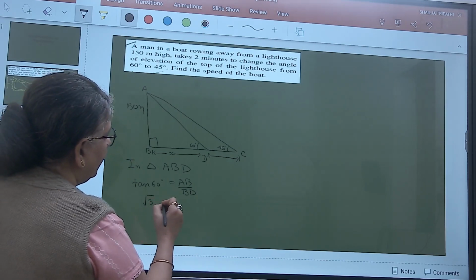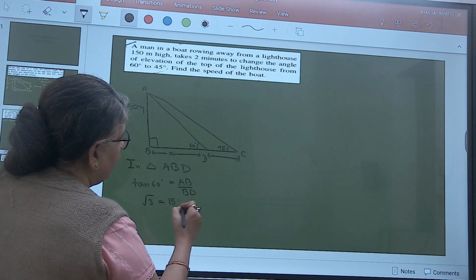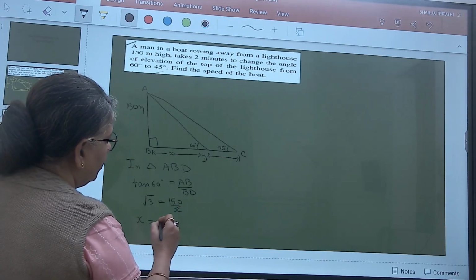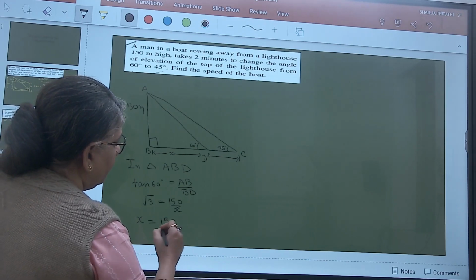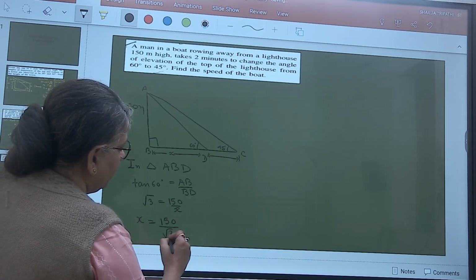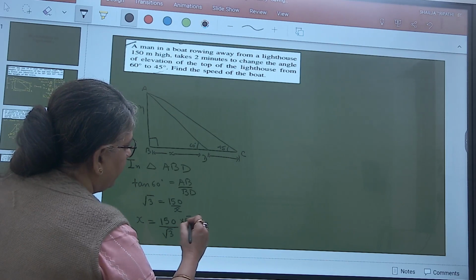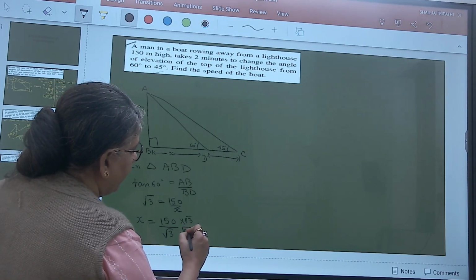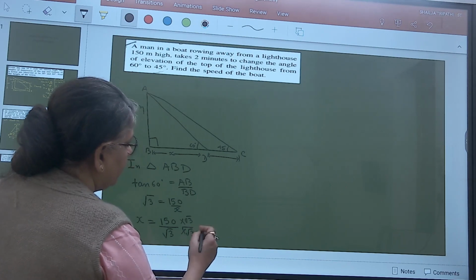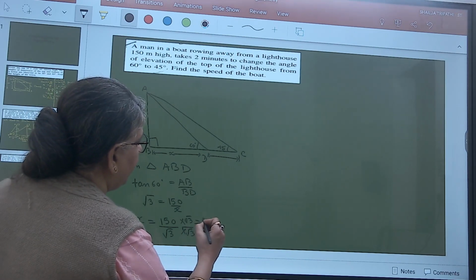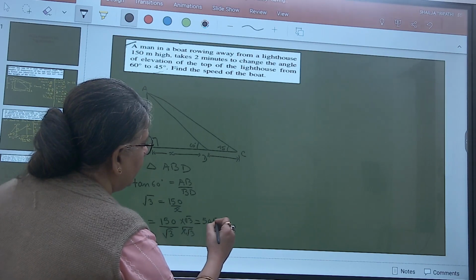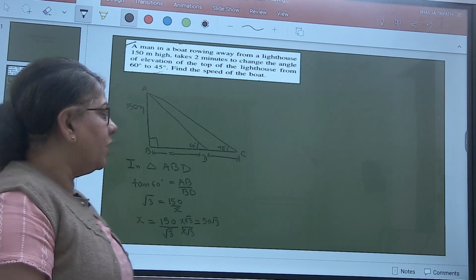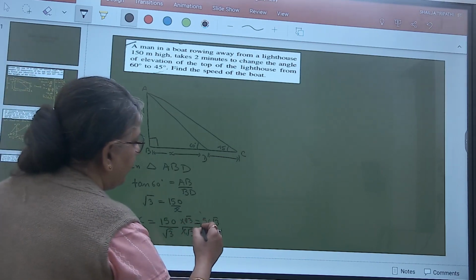Root 3 is equal to 150 upon X, or X is equal to 150 upon root 3. Rationalize this number by multiplying numerator and denominator by root 3. You get 50 root 3. So the value of X, that is BD, is 50 root 3.